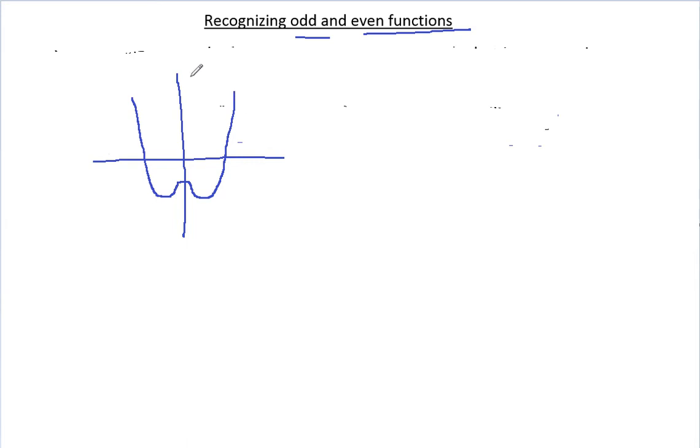Okay, this is our y-axis, and this is our x-axis. The function is given as f(x) equals x to the power of 4 minus 2x squared plus 3.